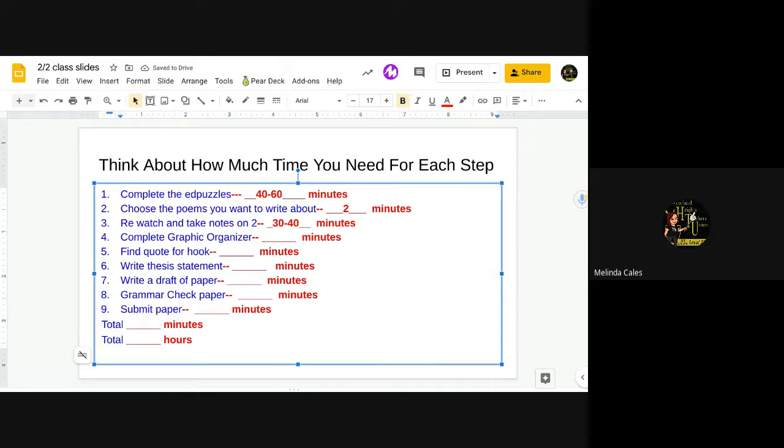Because there's going to be somebody out there who's like, you know what? I really love Tupac. I want to write about Tupac. Or somebody else who's like, I've heard of Pablo Neruda and I really like what he said, so I want to write about Pablo Neruda. And I know I'm probably not saying his name right because he's from Chile. And I'm not good with a Spanish accent. And I know this.